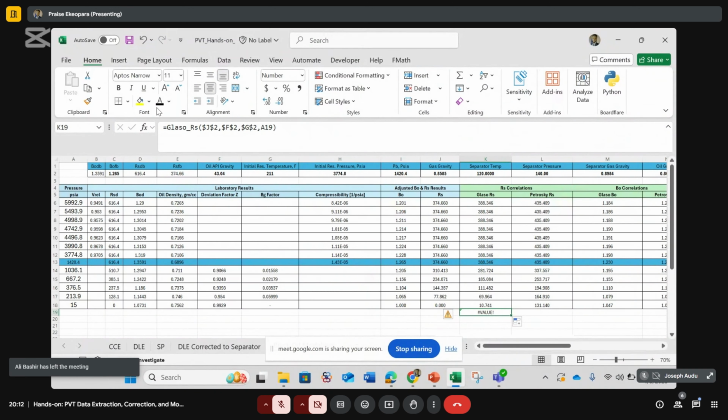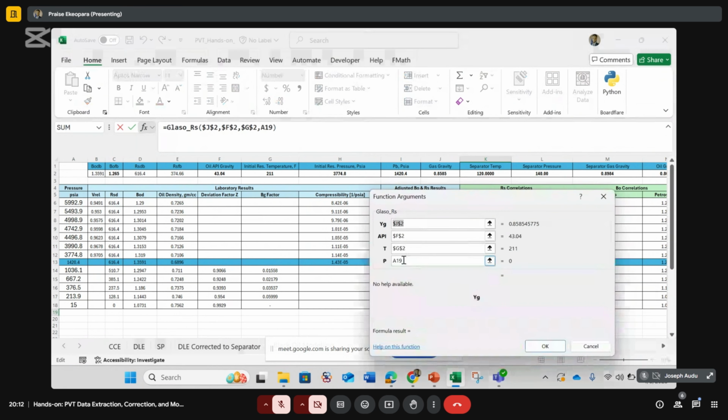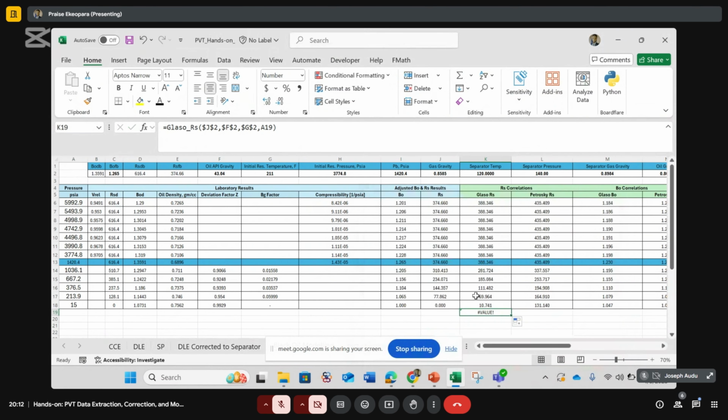This value error is because the pressure value I entered in row 19 is actually empty, so there is no value here.